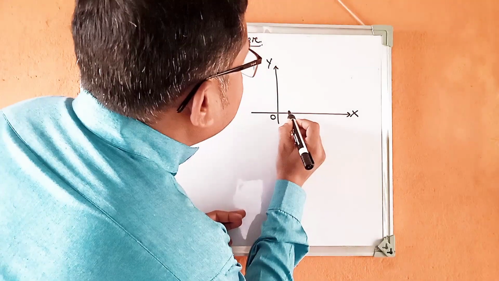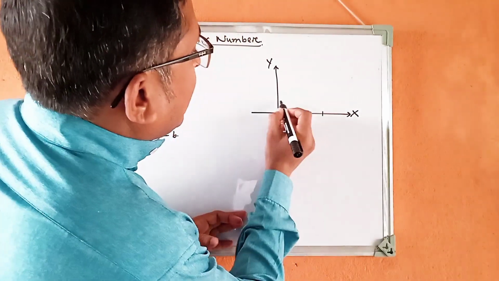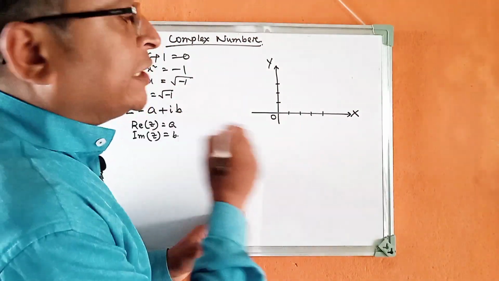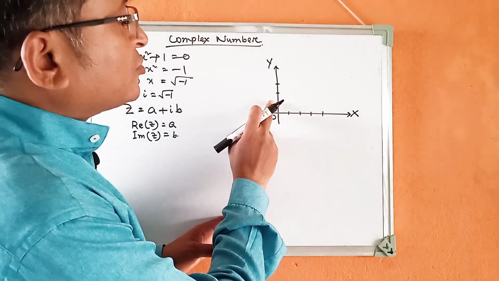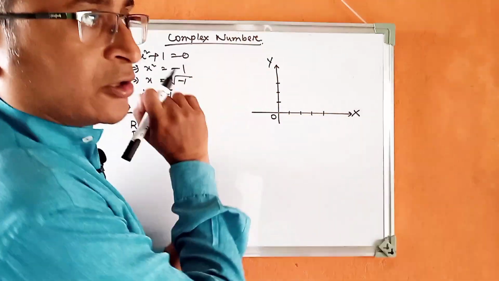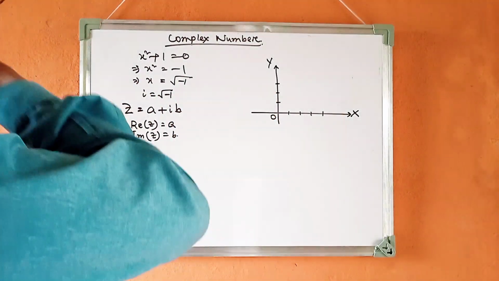On the x-axis, every small part we take as 1 unit, and on the y-axis every small part we take as i unit, that is 1i, 2i, 3i, 4i, and so on. That is why the y-axis is called the imaginary axis.